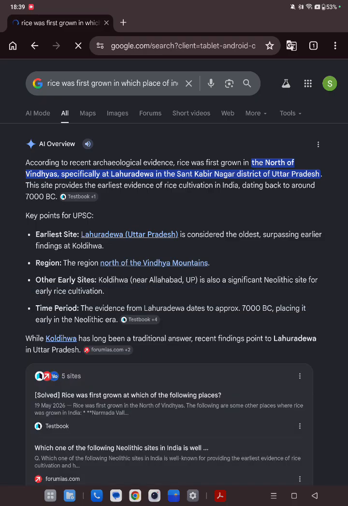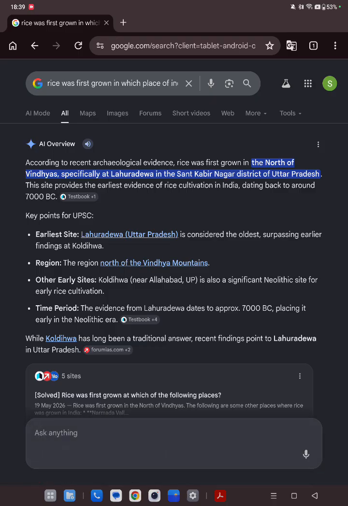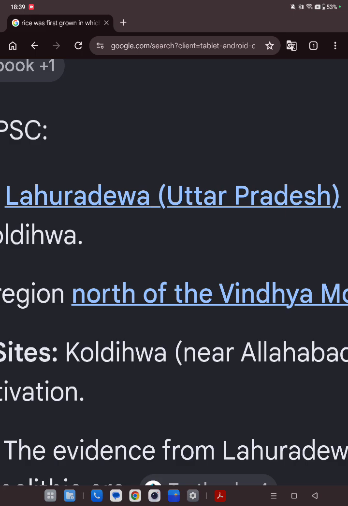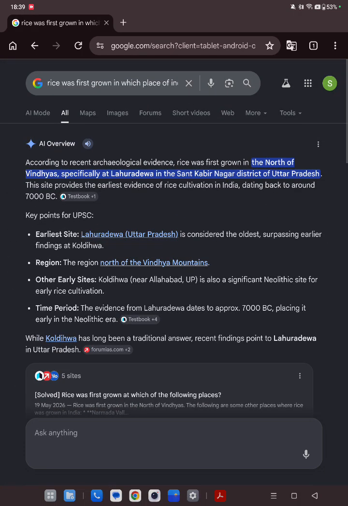So in detail, the earliest site is Lahuradewa, Uttar Pradesh. Here it is written Lahuradewa, Uttar Pradesh. So it is considered the first earliest site.